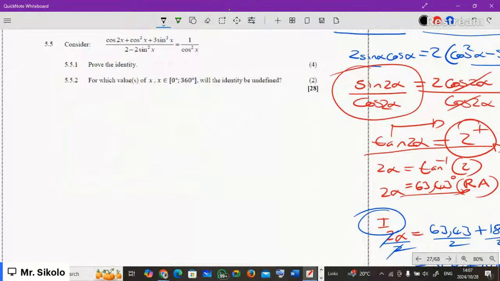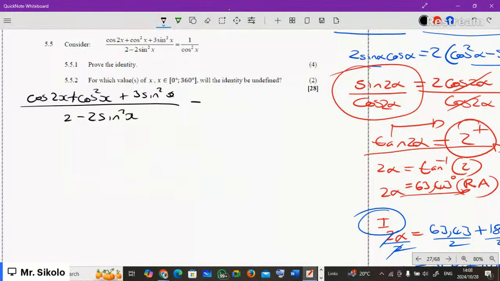Consider that you are given cos 2x plus cos squared x plus 3 sine squared x over 2 minus 2 sine squared x. They are saying, let us prove that this is equal to 1 over cos squared x.